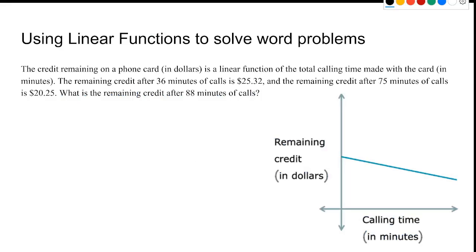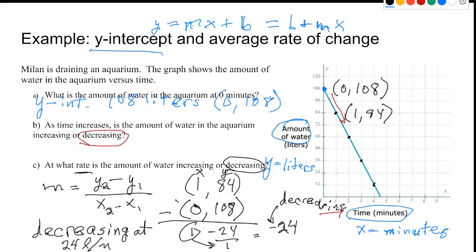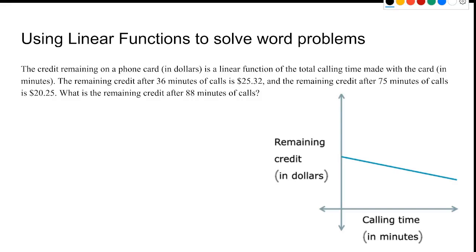Okay, there we go. I've never had the writing follow into the next slide before. So now we're going to use it to solve a word problem.